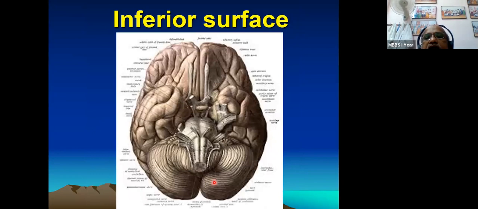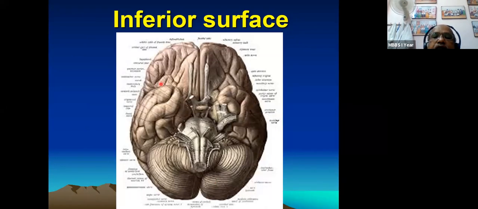So this is the base of the brain, or inferior surface of the brain. Already you have seen the lateral surface, which we used to call the supralateral surface. Next, your medial surface, or sagittal section of the brain. What you are seeing here is the inferior surface of the brain.